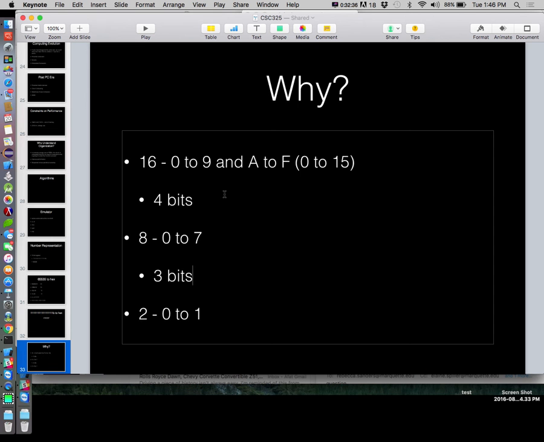That means we need enough bits to represent that value, right? Can you represent the number 15 in 3 bits? Can we do it in 4 bits? Do we need more than 4 bits? Or is 4 bits the perfect fit? Yeah. So with 4 bits, we can represent the values 0 to 15.